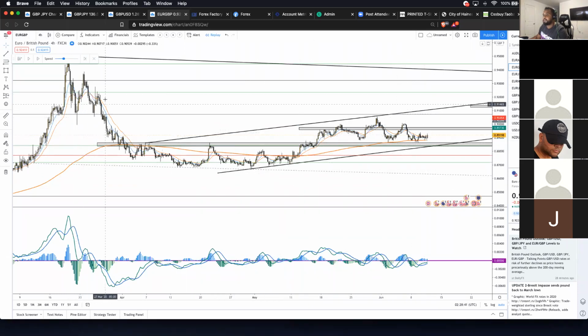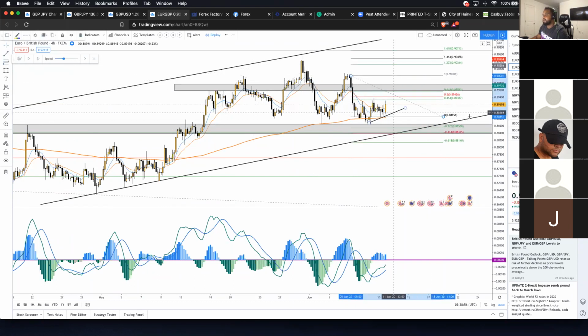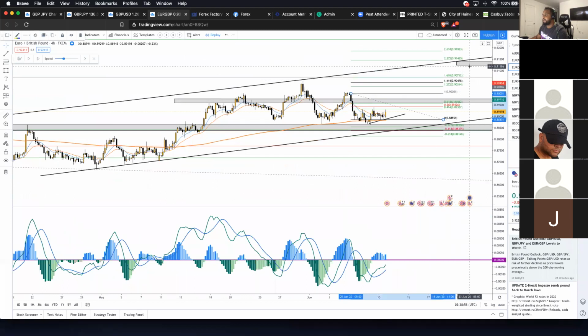I'm going to measure my last move down, which could be this one, or we can go with this one right here. Because if we can see it, this is where the market formed a higher low point. So I'm going to take my fib from high to low. And here are my fib targets.